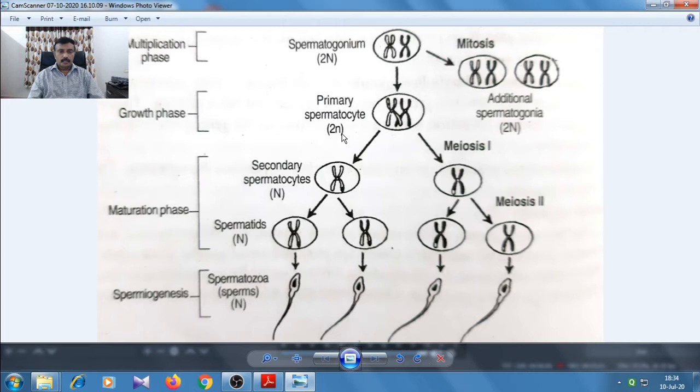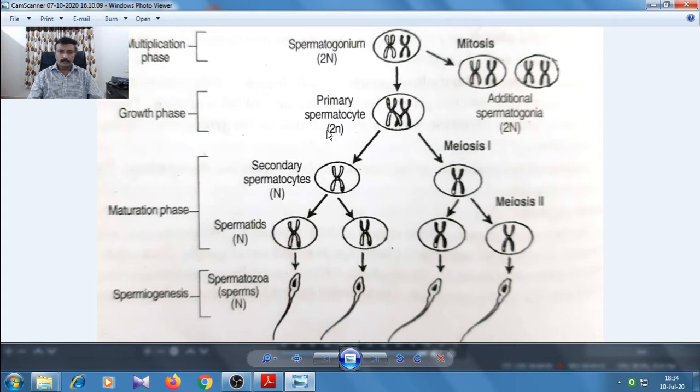Now what happens? The primary spermatocyte enters the third phase. The third phase is called the maturation phase. And what happens in the maturation phase? In the maturation phase, the primary spermatocyte undergoes meiosis.